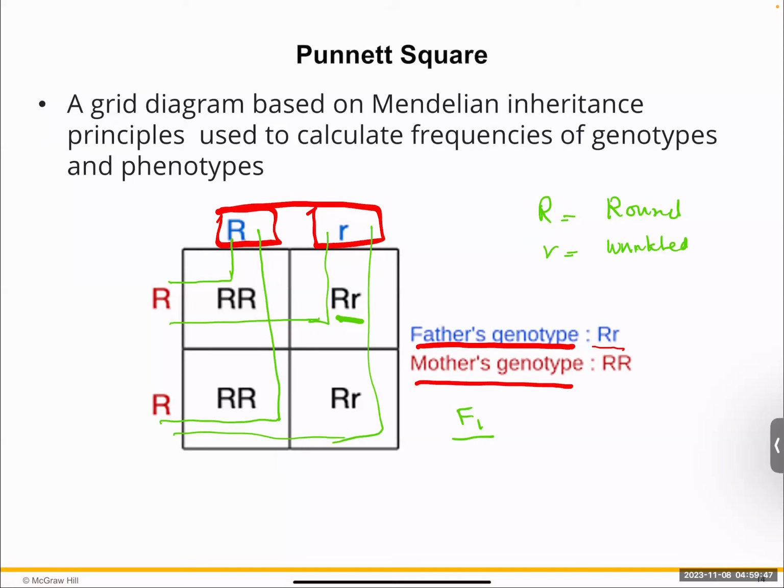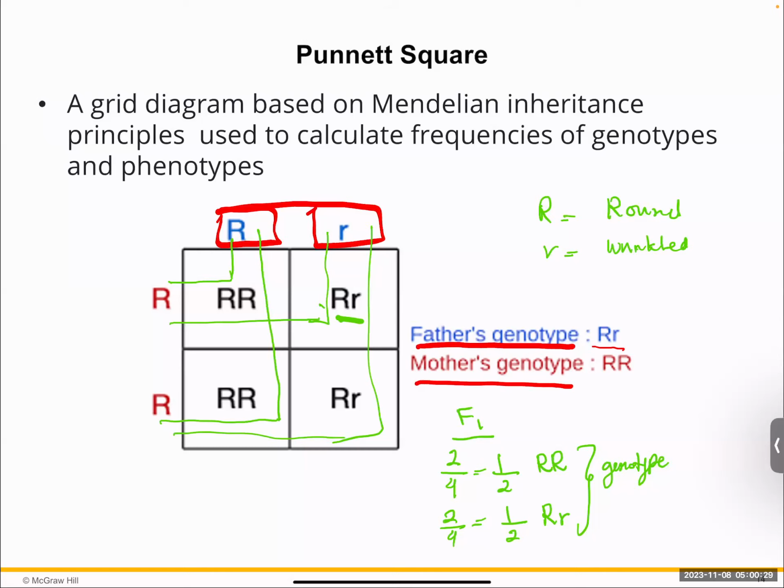So you have 1 and 2 out of the 4 squares. So 2 out of 4, which is the same thing as saying 1 out of 2, is identified as RR. And then the other half is heterozygous dominant. Again, 2 out of 4, which is the same thing as 1 out of 2, are heterozygous dominant. So that's identified as your genotype, the genetic variation of the alleles for the F1.